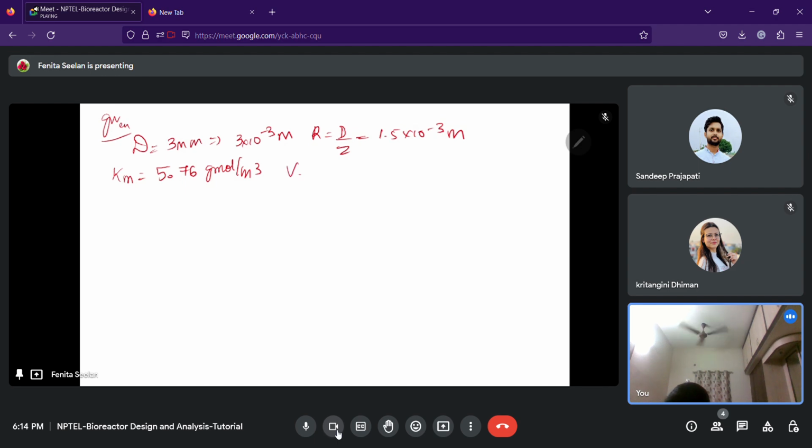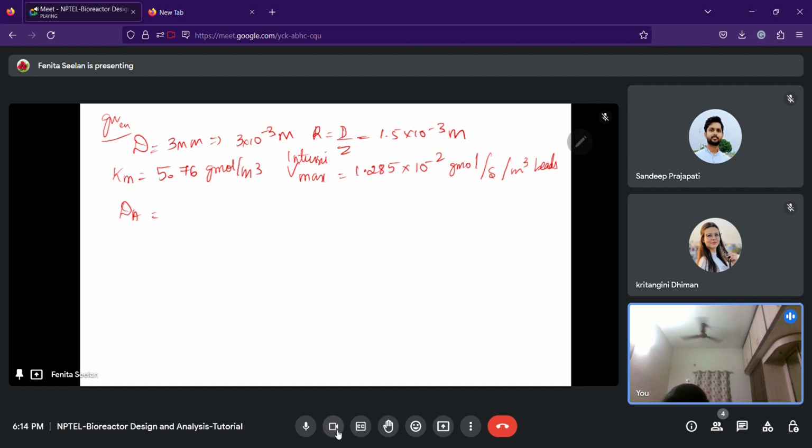Our intrinsic Vmax is 1.285 into 10 power minus 2 gram mole per meter cube of beads. And your effective diffusivity, which is dA, is 6.9 into 10 power minus 10 meter square per second.